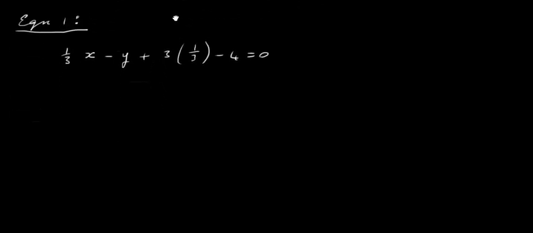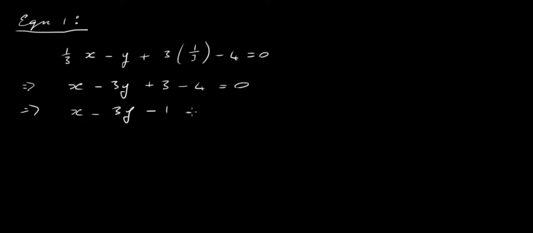What I'm going to do here is multiply across by 3 to get rid of this third. Multiply this by 3, you get x. Multiply this by 3, you get minus 3y. Multiply this by 3, you get plus 3 minus 4 equal to 0. So we finally end up with x minus 3y plus 3 minus 4, which is just minus 1, equal to 0. This here is one of our equations.